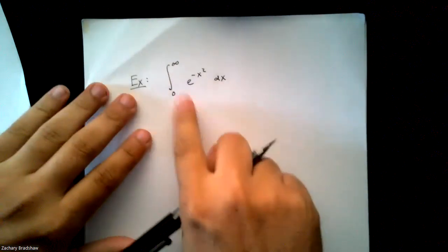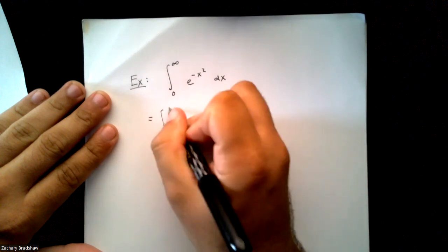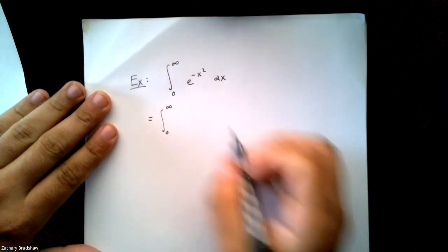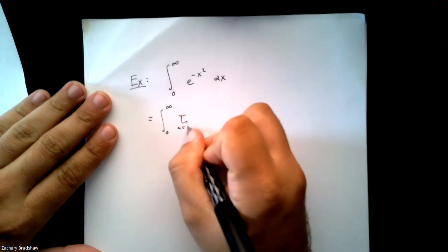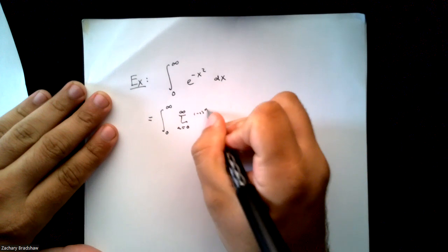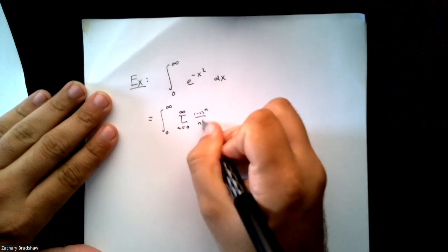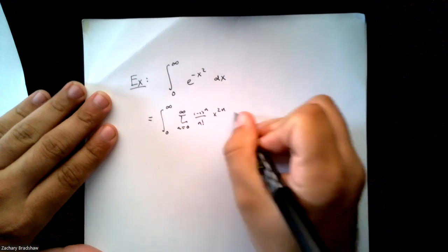But for simplicity, let's just keep it on the half line. So what we do is expand this Gaussian in its Taylor series. We get the sum from n equals 0 to infinity of -1 to the n over n factorial, times x to the 2n.